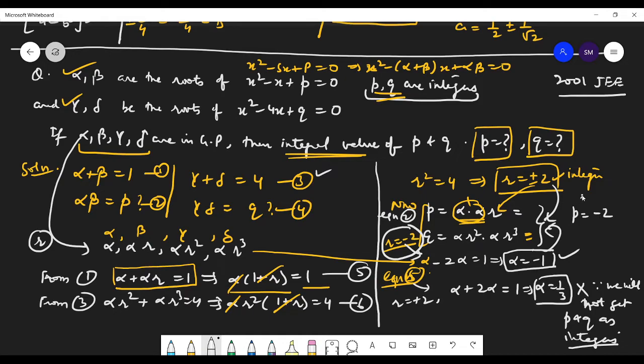So you are considering alpha is equals to -1 and R is equals to -2. Is this clear, students? And what will be the value of Q? -32. Yes, correct.